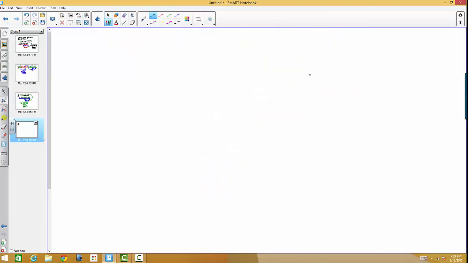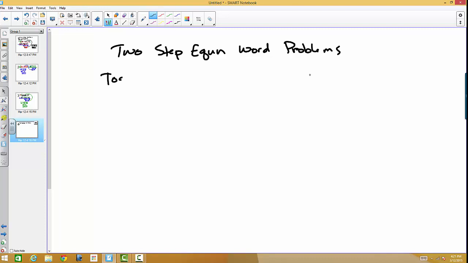We're going to go to the 2-step equation word problems. So this is just one equation, but it takes at least 2 steps to solve it. Okay, together, well, how about we do homework first?